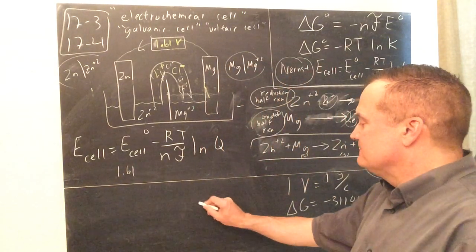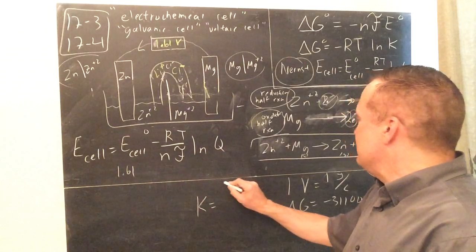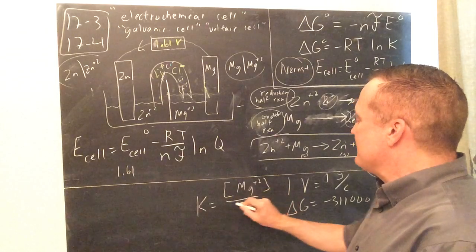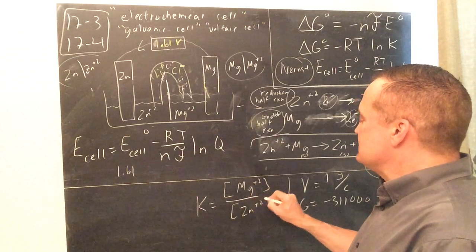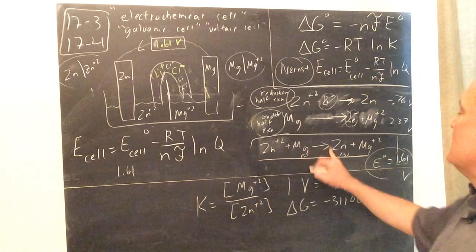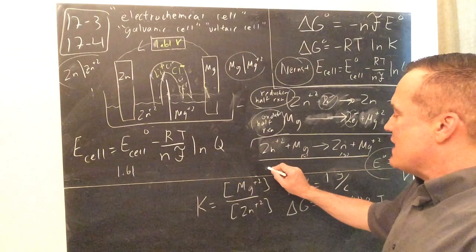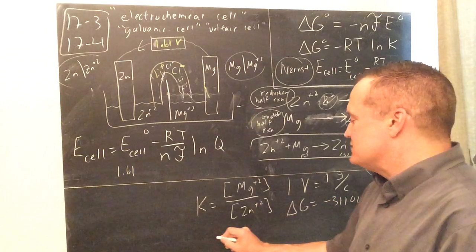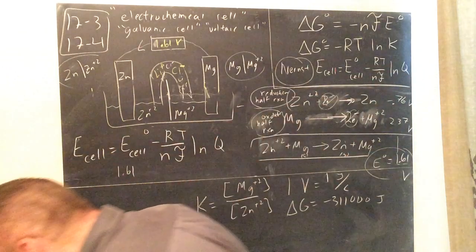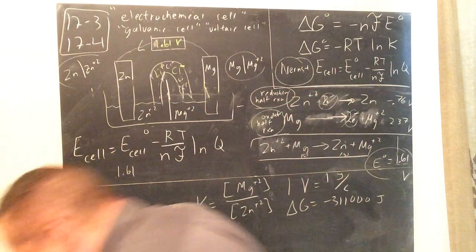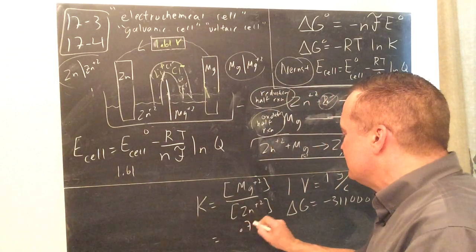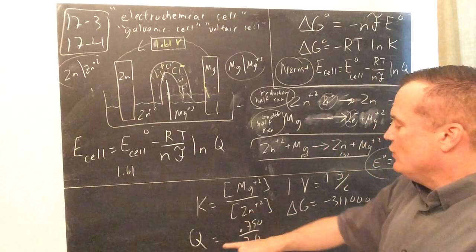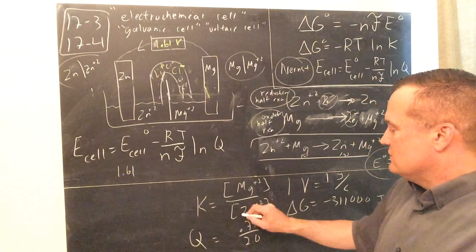The K expression is going to be the magnesium ion molarity divided by the zinc molarity. Now, since it's a 1-to-1 ratio, it's easy. If you ever had a squared or whatever, make sure you watch out for those numbers. They change. So if magnesium is 0.750 and 2.0 for zinc, that becomes Q. Q is 0.750 over that.